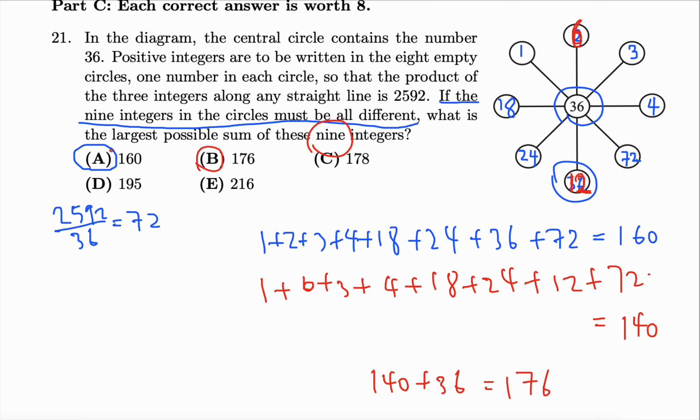So the answer is B, not A. It just goes to show reading the question is so important. That's definitely a mistake that I will try to avoid in the future. Just read the question really carefully and not make any assumptions.